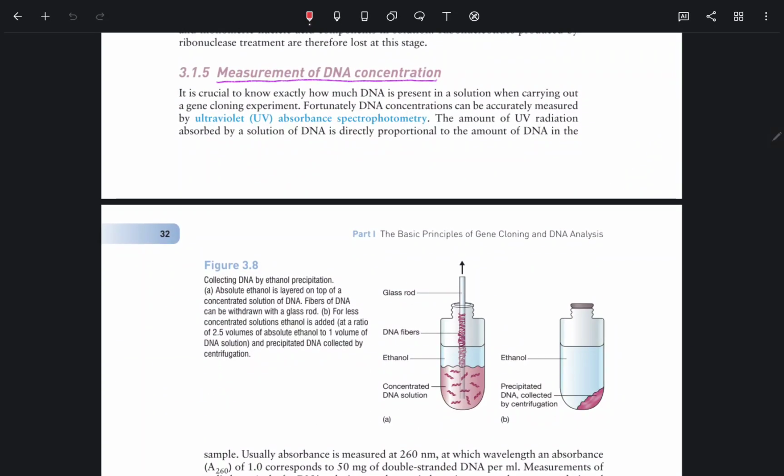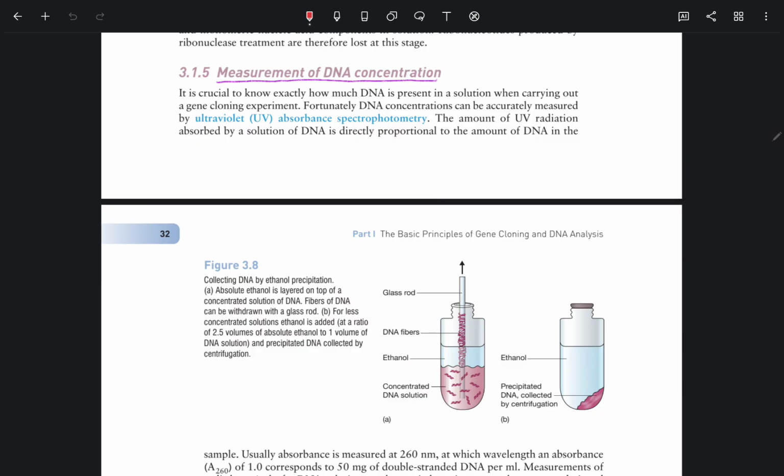Measurement of DNA concentration. It is crucial to know exactly how much DNA is present in a solution when carrying out a gene cloning experiment. Fortunately, DNA concentrations can be accurately measured by ultraviolet UV absorbance spectrophotometry.